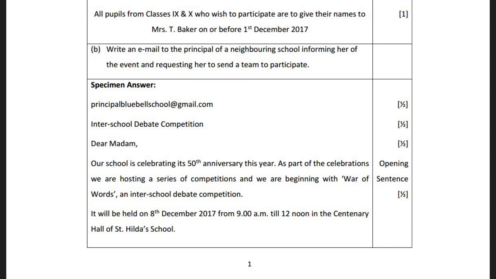So see, the first paragraph sums up why you are organizing this competition, because you are celebrating the 50th anniversary of your school. And what are you organizing? You are organizing different types of programs, and among those programs in particular is this debate competition. And this debate competition has a name, and the name is mentioned here, and you are mentioning clearly that it is nothing but a debate competition. So all these points are coming in the first paragraph.